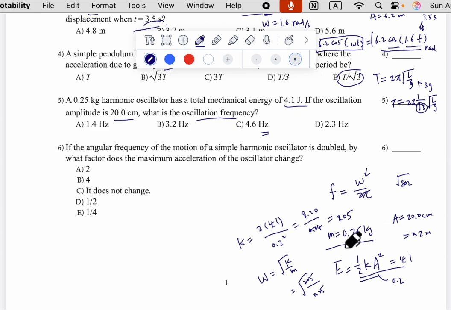That is your angular frequency. Then plug in the angular frequency, square root of 820. What will the square root of 820 be?